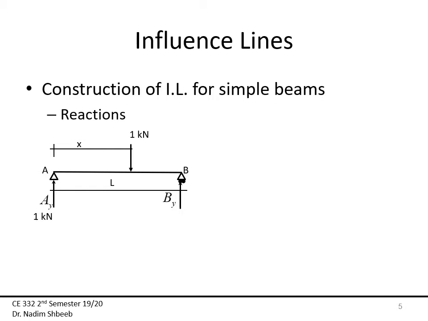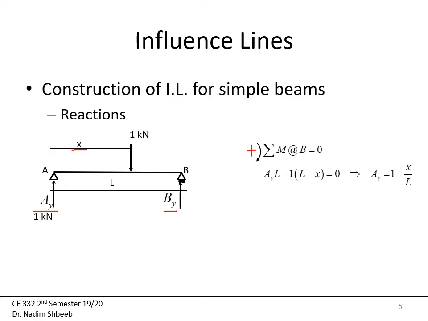Okay? So here in this case, let's say I'm having this load, 1 kilonewton, and it's moving, right? X now is not a constant, it's a variable. I'm going to have AY and BY. So to find AY, I'm going to take the moment at B and let this be my positive direction.